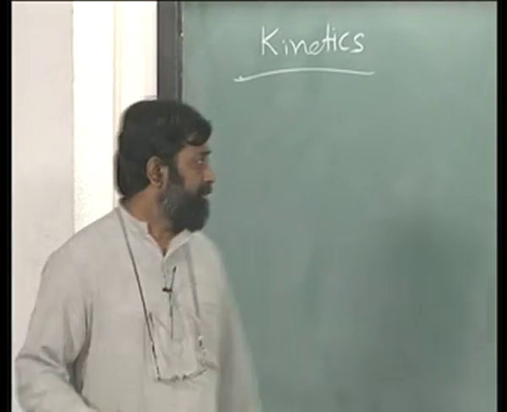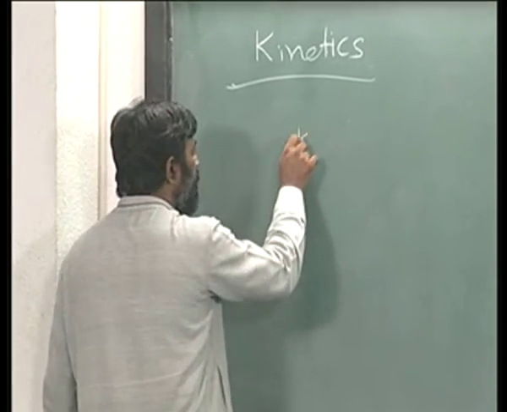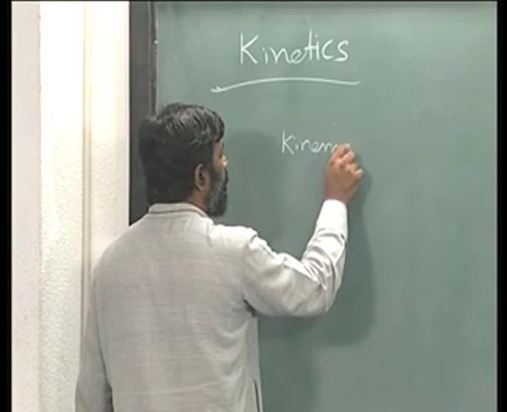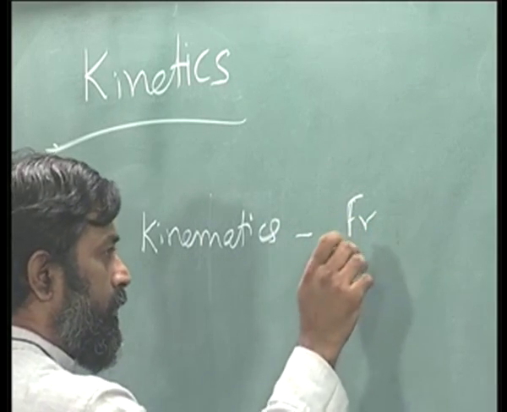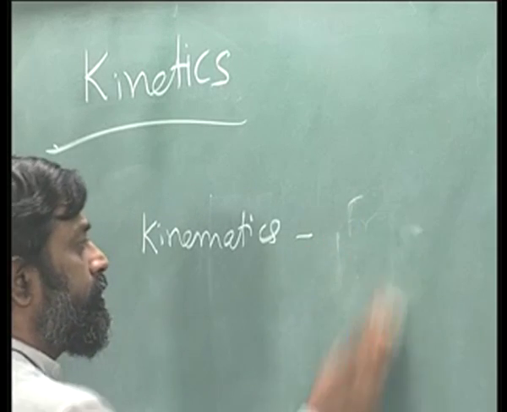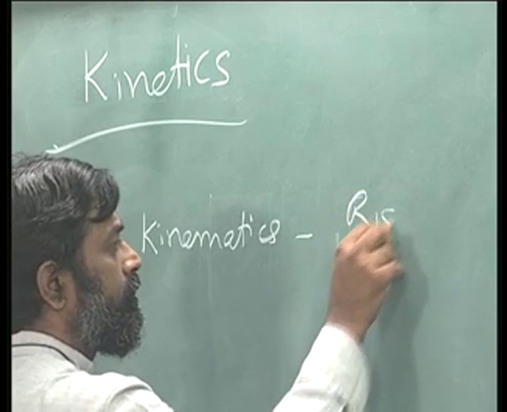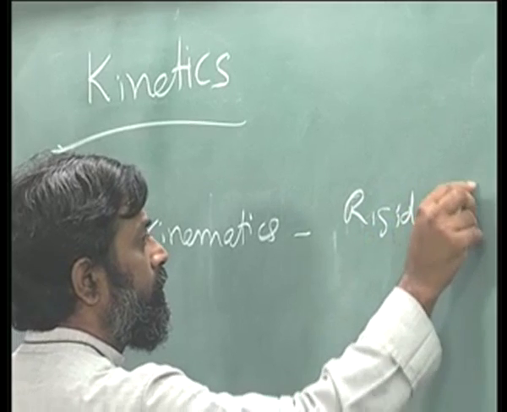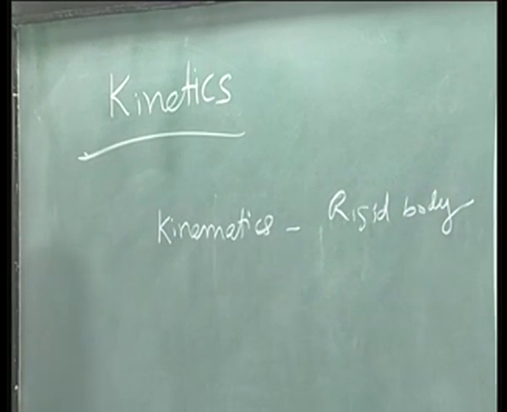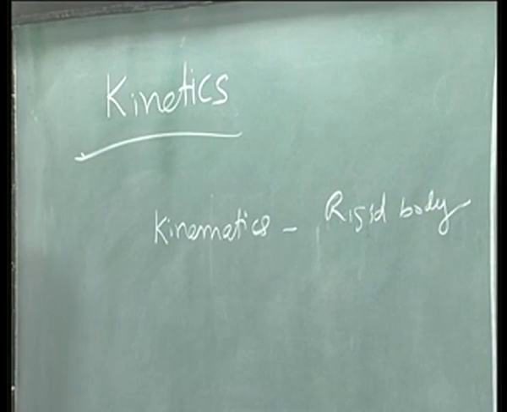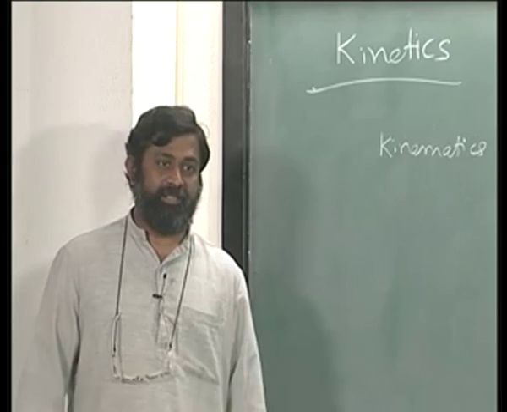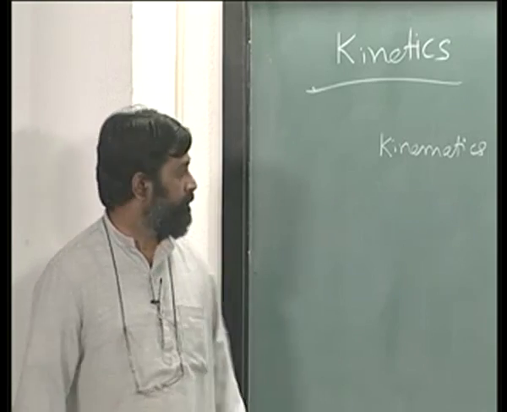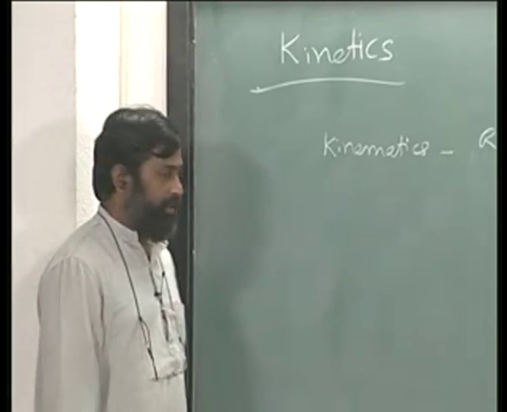So, given this, let us say I know the kinematics of the rigid body. And I now wish to relate the forces acting on the rigid body to the kinematics, okay, and that is what I want to do. So, let us look at how we can do that.